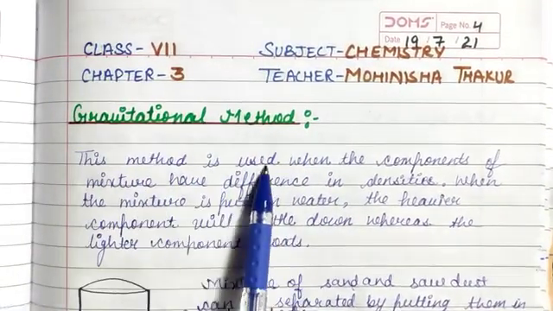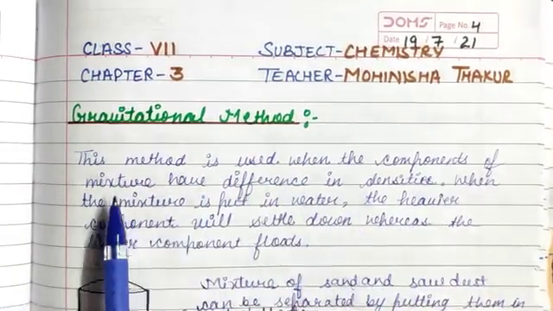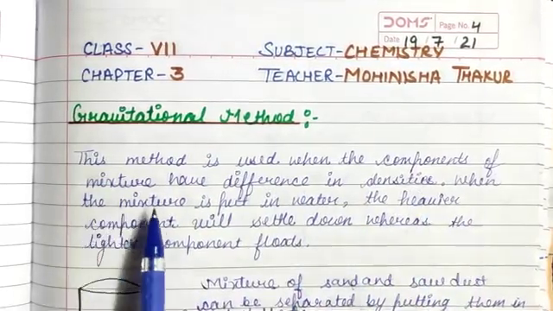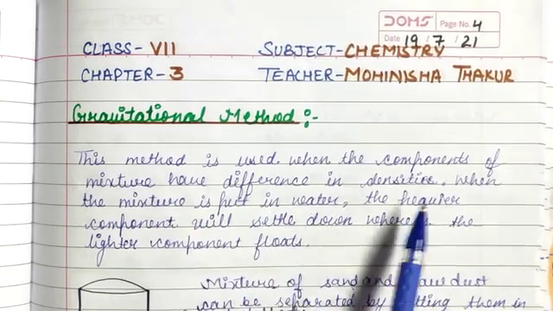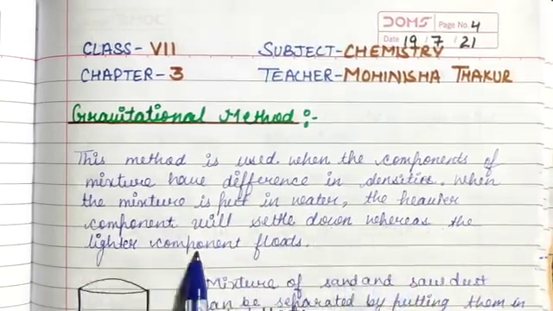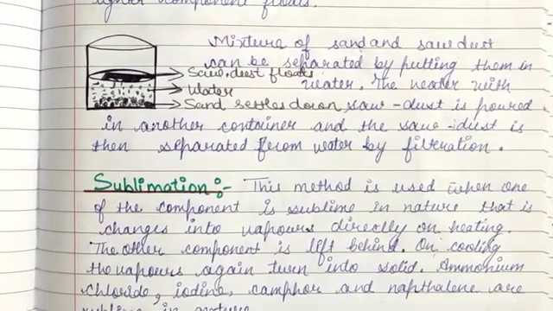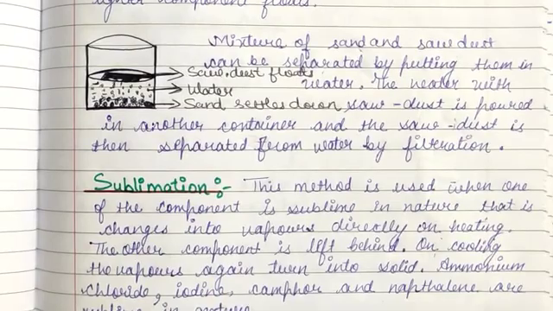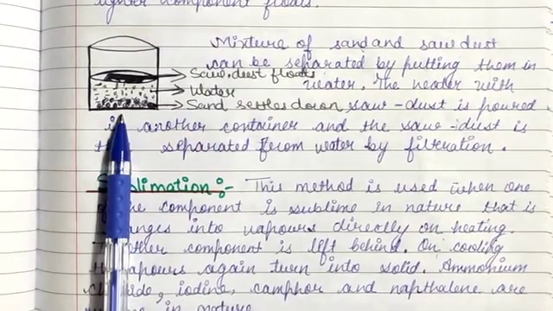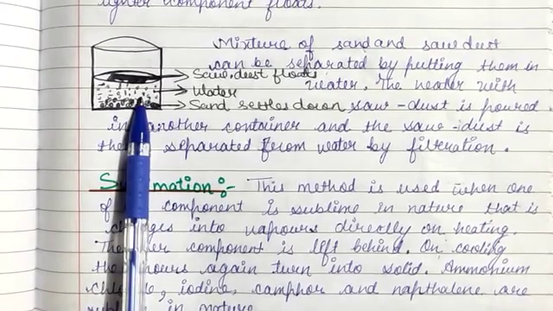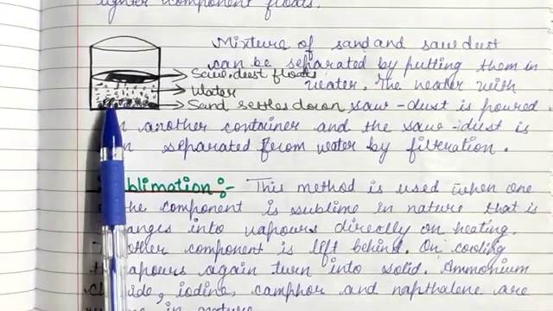This method is used when the components of a mixture have a difference in densities. When the mixture is put in water, the heavier component will settle down, whereas the lighter component floats. As you can see in the picture, which is drawn on page number 4, here we have taken a beaker in which the sawdust particles are present, and water, which is a solvent, and the sand.